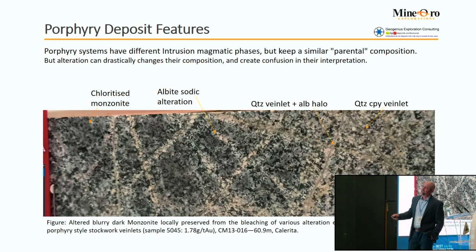As you can see, that's the sodic alteration making its damage, and it's cross-cut by multiple other generations. But the albite alteration is tricky because the porphyry looks nicer than in the blurry zone. So you can think that was before, especially if you're here. If you don't have this zone, you can believe, oh no, that's the intrusive. No, that's sodic alteration. So it's very tricky.